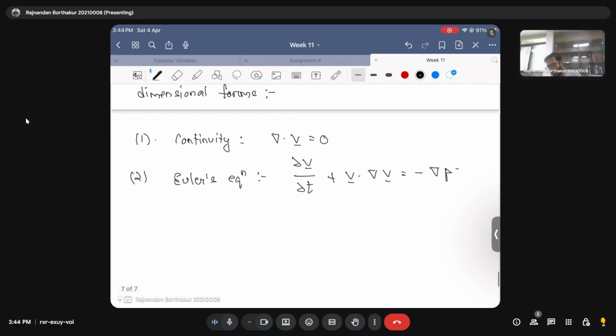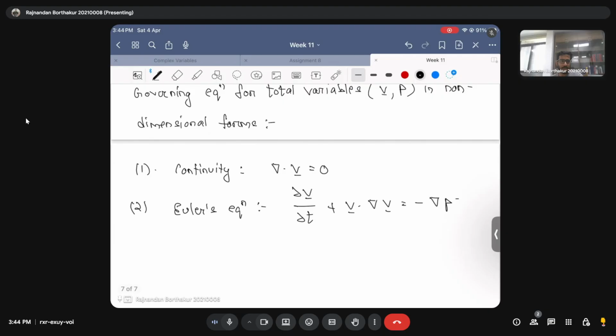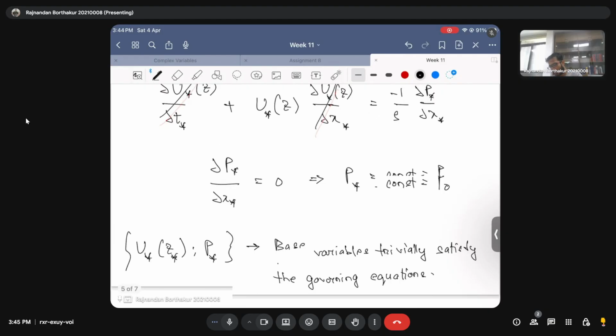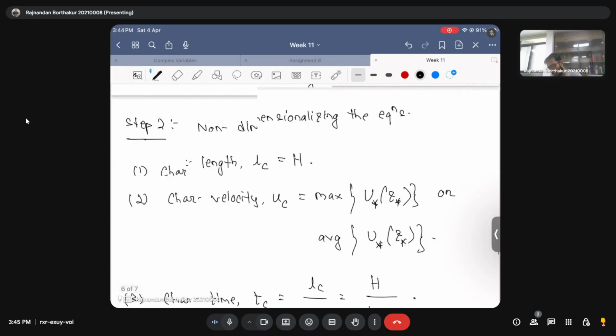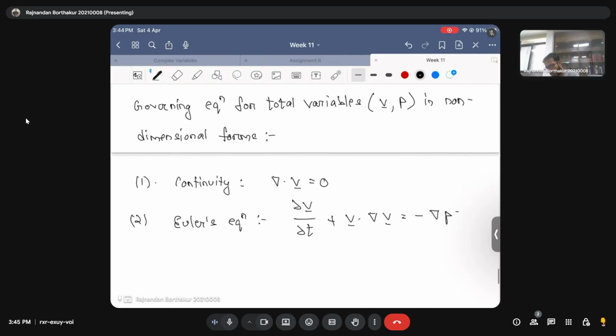So these are the non-dimensional equations of the corresponding dimensional equations, by choosing the characteristic variables. So maybe I'll name these equations as, let's say, 4a and 4b, where remember these are the equations for the total variable.